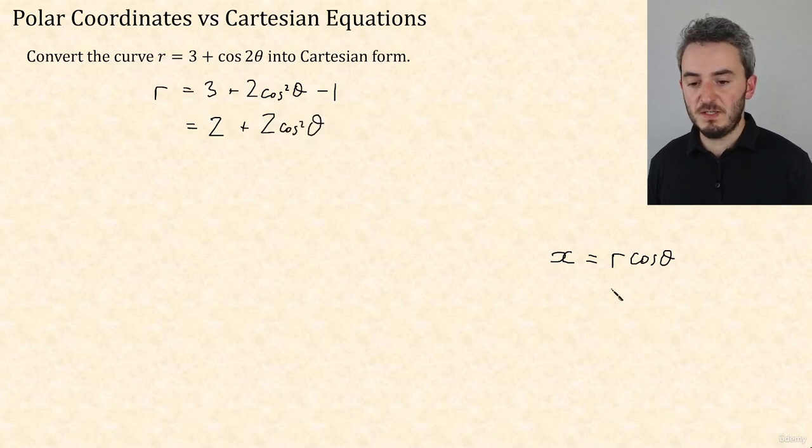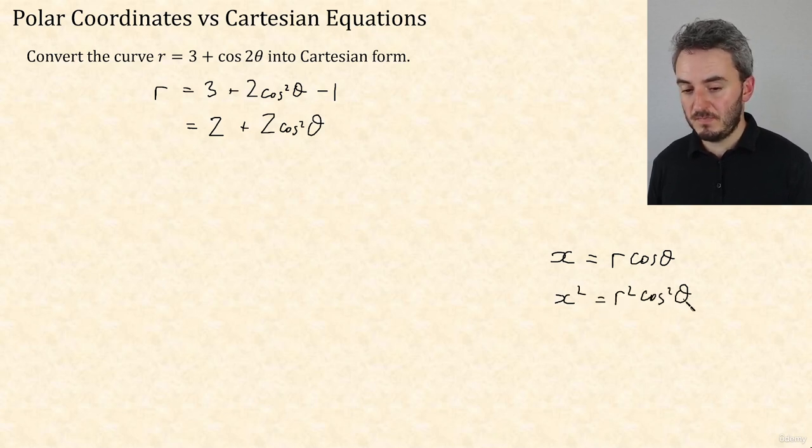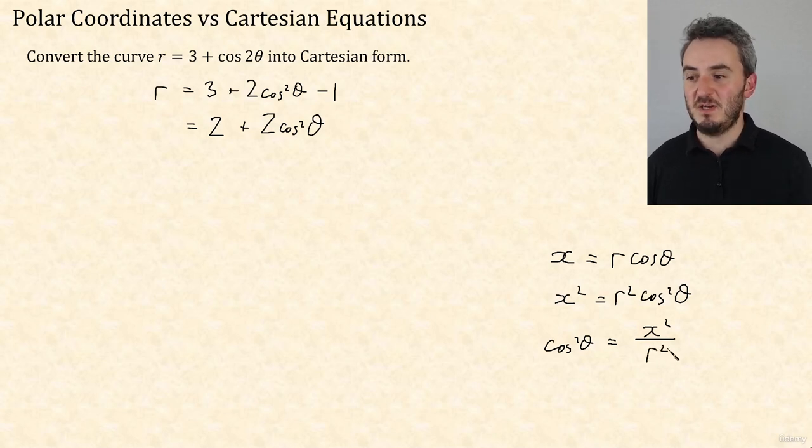Well, cos squared theta, let's find that. If x is r cos theta, then x squared is r squared cos squared theta. And that means that cos squared theta is x squared over r squared. And that's good news because r squared, recall, is x squared plus y squared. So look what we've got.